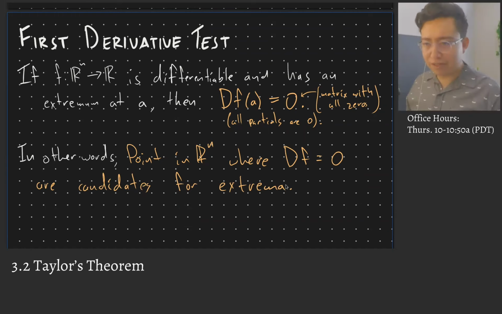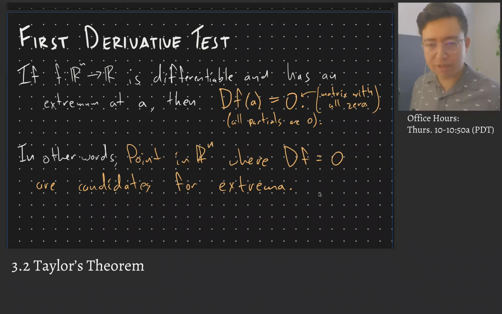Let's think about this in a procedural way. You're given this function and asked to find the extrema. You might say, I don't even know where to start, there are infinitely many points to check. Well, you can set up an equation and set it equal to 0. It's actually going to be n equations with n unknowns, because it depends on x1 through xn, and you get n different equations in the gradient, and you set them all equal to 0.